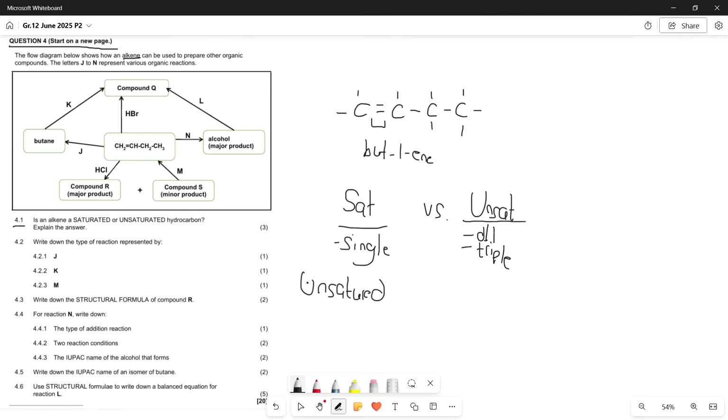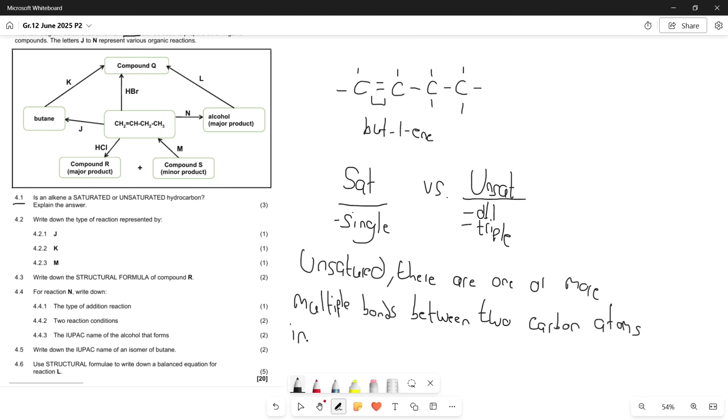So we just earned 1 mark for unsaturated, and then we just need to go ahead and write the definition for unsaturated, which is exactly what we were talking about now, where there are 1 or more multiple bonds, i.e. double or triple bonds, between 2 carbon atoms in the hydrocarbon chain.